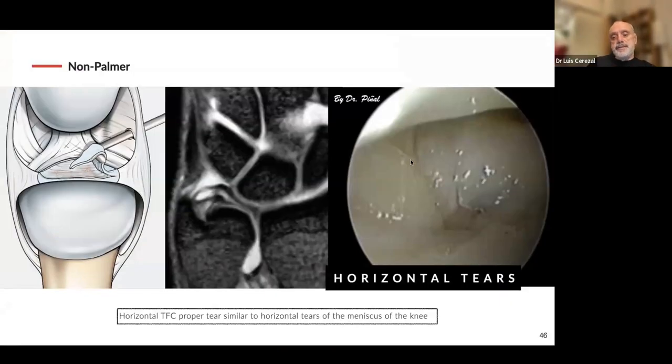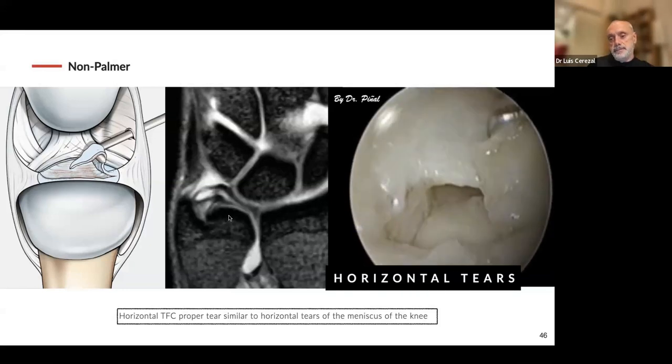This is an example of the central degenerative injuries of the TFC not included in the Palmer classification. This is a horizontal or flap injury, very similar to the horizontal tears of the meniscus of the knee. And usually it's not uncommon to have, like in the knee, parameniscal cysts, or in this case, adjacent cysts to the TFC.